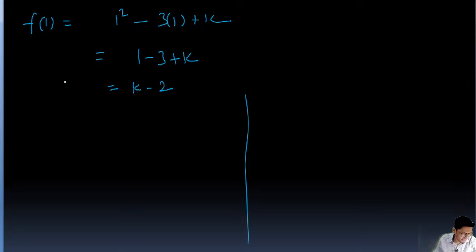The first is, if f(-1) is greater than or equal to 0, that means it should be positive, right?